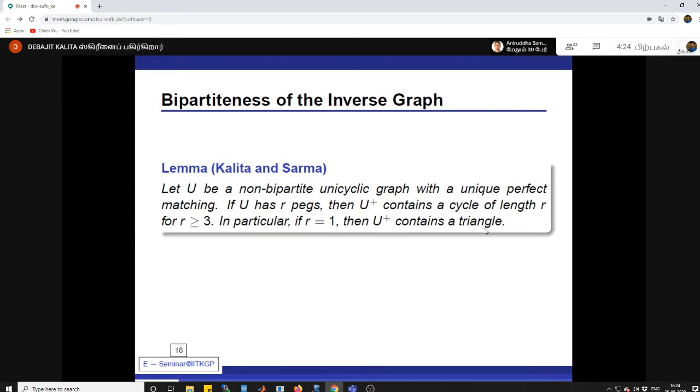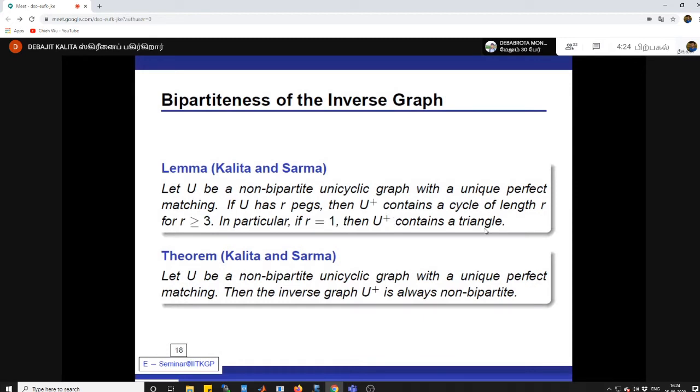If you have more than one peg, you must have at least 3 pegs, 3, 5, 7, and so on, so the graph has a cycle of length R. That means the inverse graph U plus always has an odd cycle. So because of this lemma, we can say that the inverse graph is always non-bipartite. Whereas for the bipartite case, the inverse graph is bipartite. So in the non-bipartite case, we are getting the inverse non-bipartite.